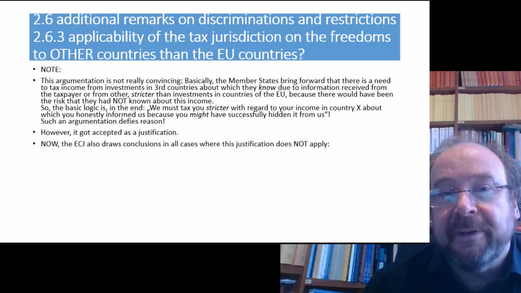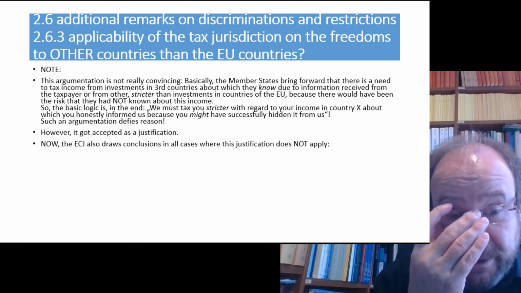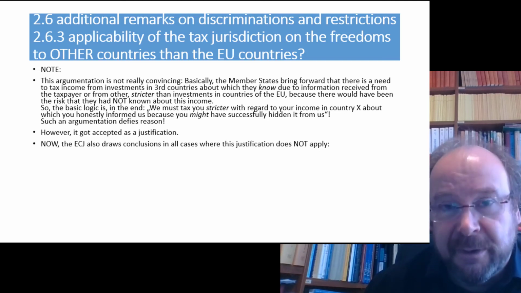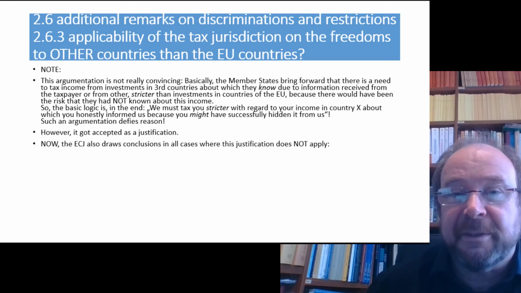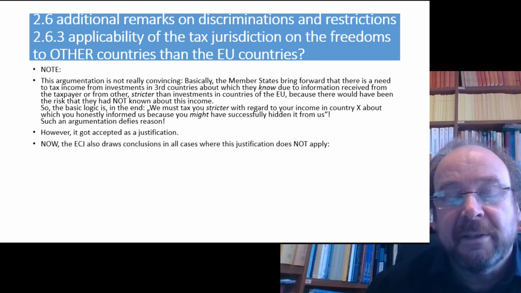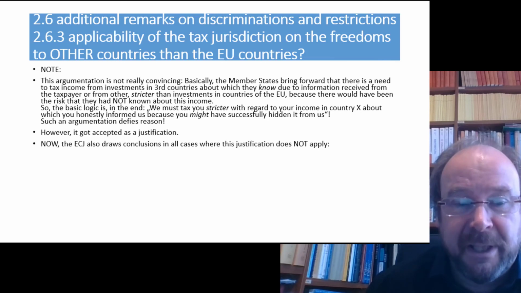Now, fortunately, the ECJ draws the line exactly there and says, well, in cases where this justification does not apply, we do not accept that the situation is not comparable, then we say it is a discrimination of a person or of a cross-border activity which is in play.